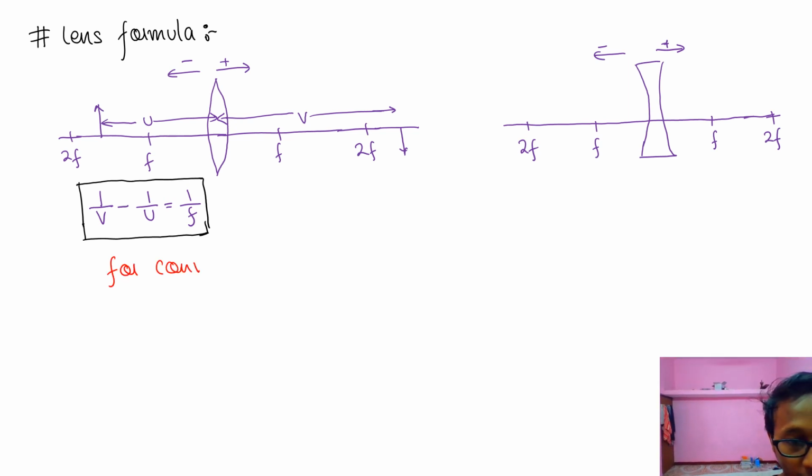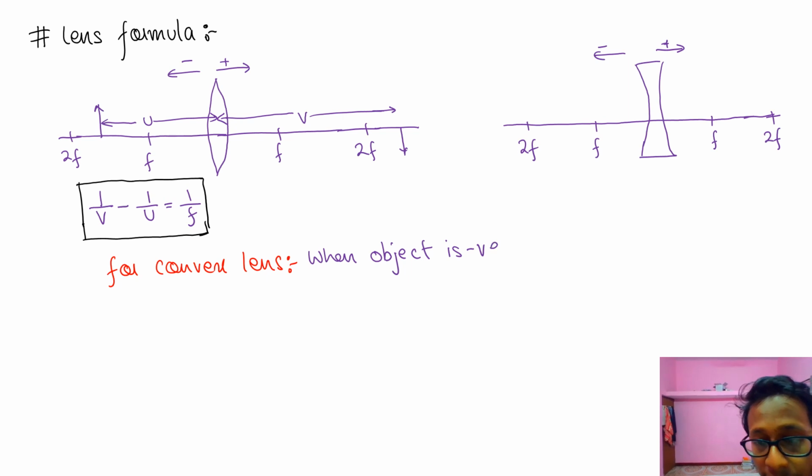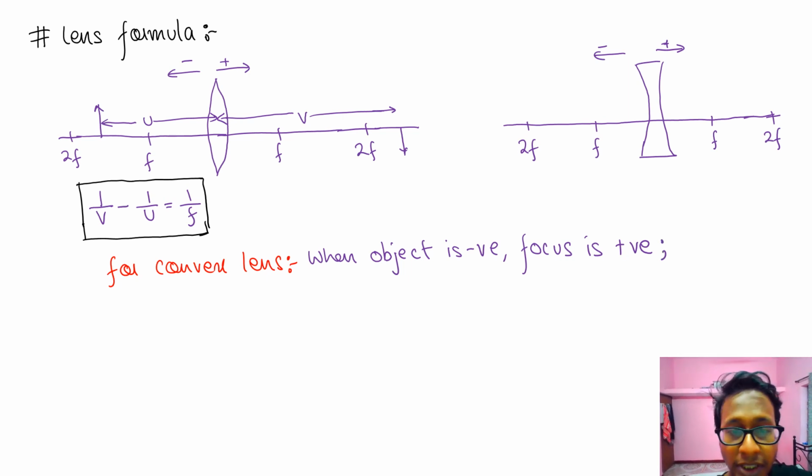For a convex lens, when the object is negative, focus is positive, and vice versa, which means when the object is on the positive side, focus will be on the negative side.